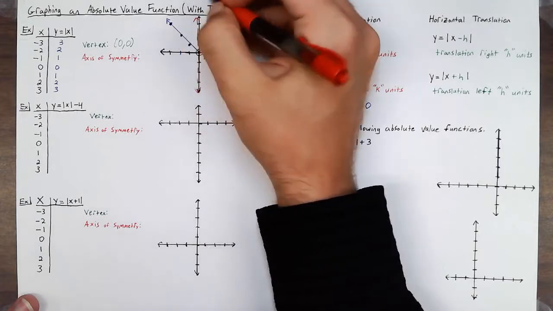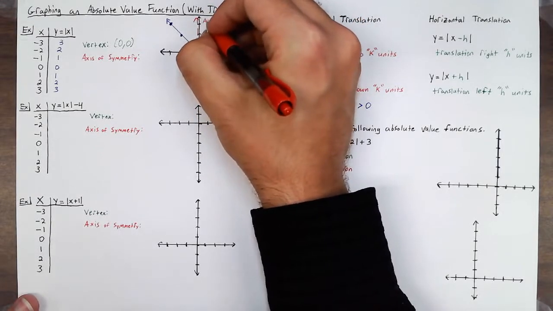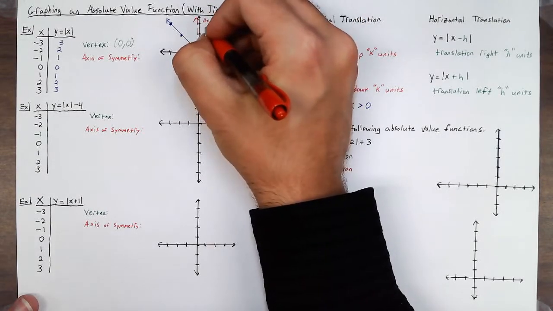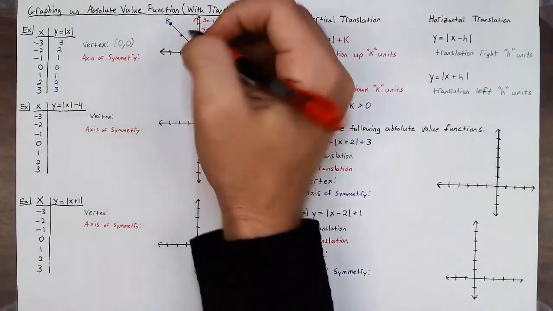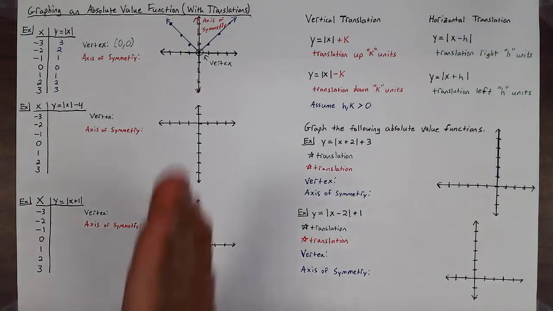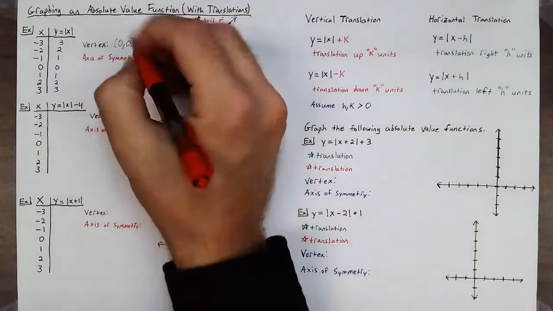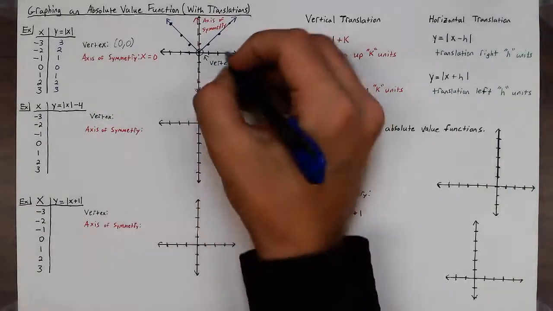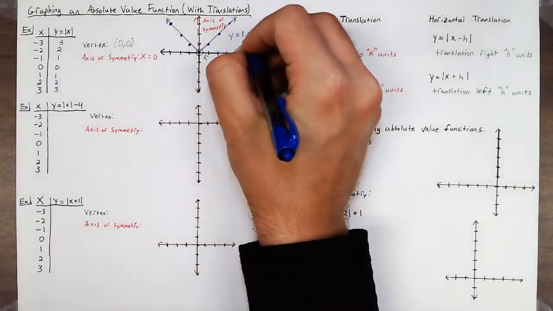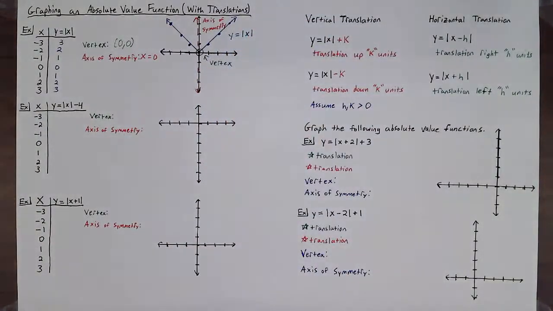This is referred to as the axis of symmetry, which is the vertical line x equals 0, since x is always 0 along that line. And this is the graph of y equals absolute value of x. A very common picture you're going to see in these next few videos.